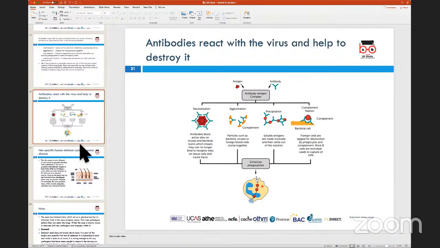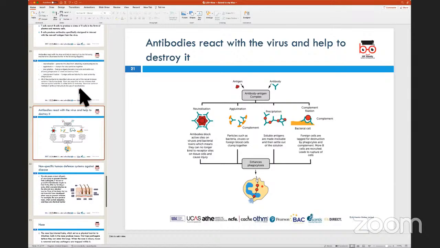So I put some slides in primarily to explain how the antibody and the antigen start fighting a viral reaction or an infection, which can enter or cause infection in the human body.